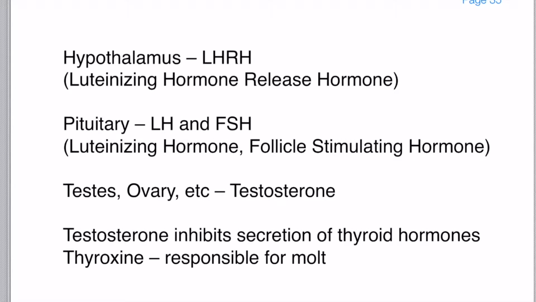As one example, remember that part of this annual cycle is keeping activities separate. There's a good example here where a hormone produced by the thyroid, thyroxine, is responsible for causing molt. However, this only happens if testosterone levels are not too high.